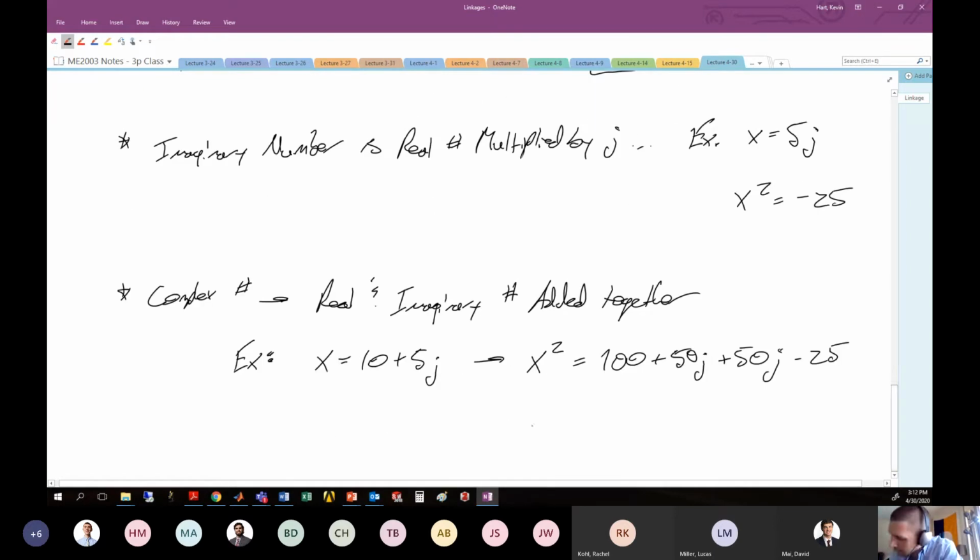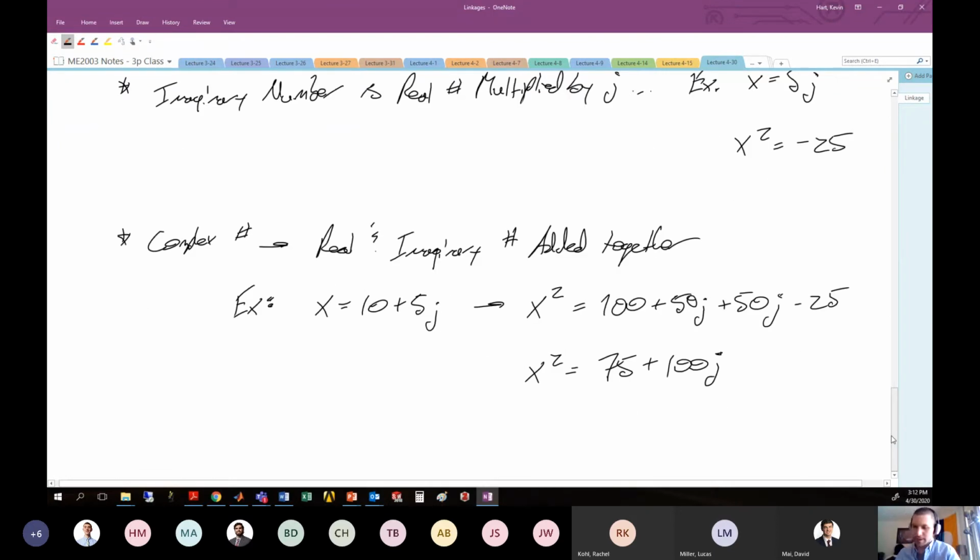It's my FOIL method. Or you'll get something like x squared is 75 plus 100j. Right? So again, algebra is kind of proceeding as normal, but we'll note that something like j times j is -1, and I've kind of represented that here by leaving off the j squared term on this right-hand side, and instead substituting this negative sign here. But we all sort of get the general idea.